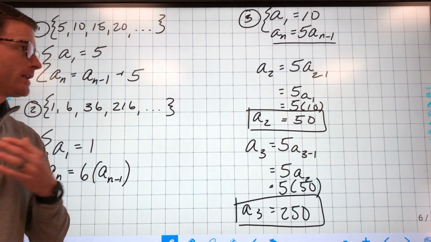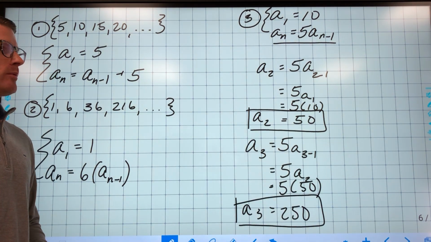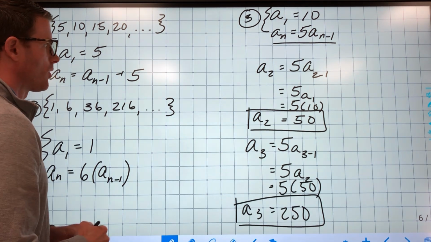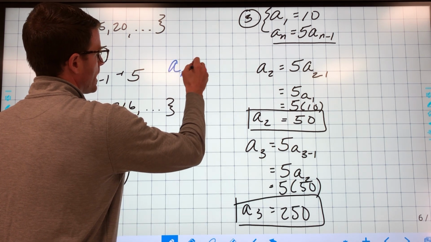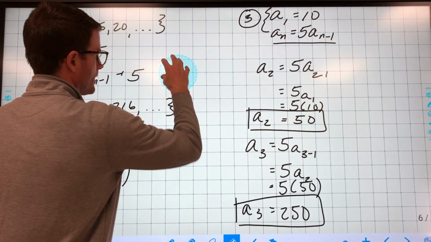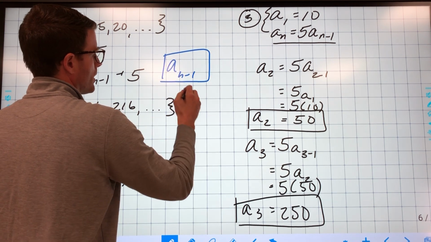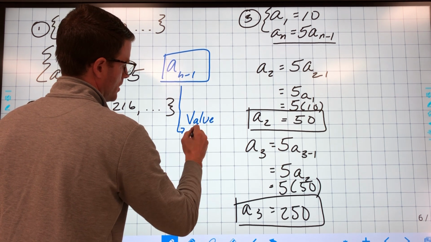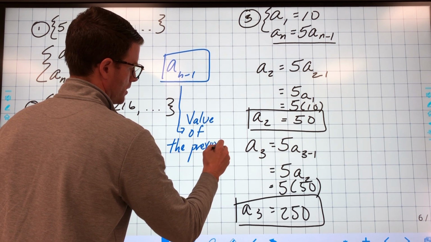All right, so that's it. That's the lesson. Again, I think it's a little bit easier than what we've already done. All you need to keep straight is this is the new part: a sub n minus 1 is read as the value of the previous term.